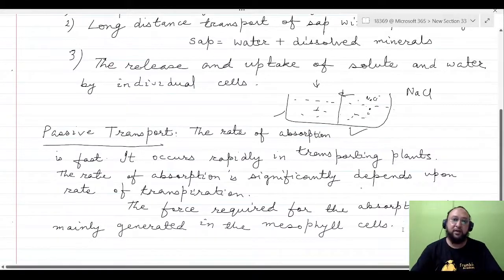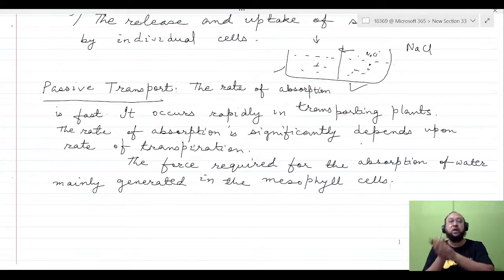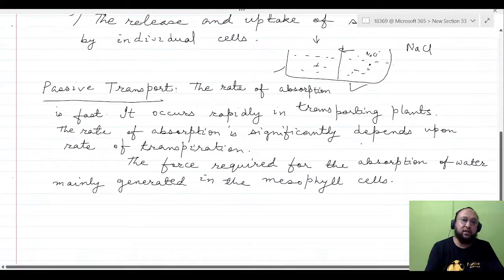So this was about passive transport, where the water molecules, along with the dissolved minerals, move from higher concentration to lower concentration. Now we come to active transport. I told you that it requires energy for the transport.